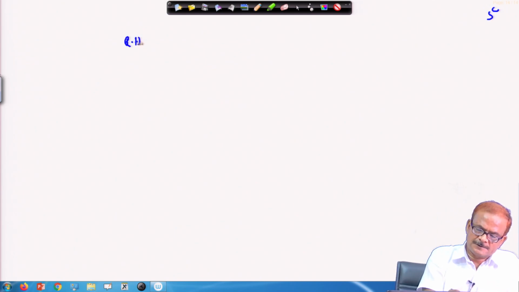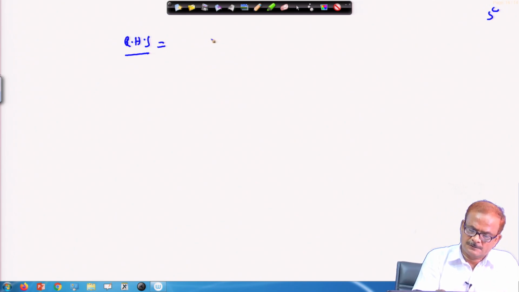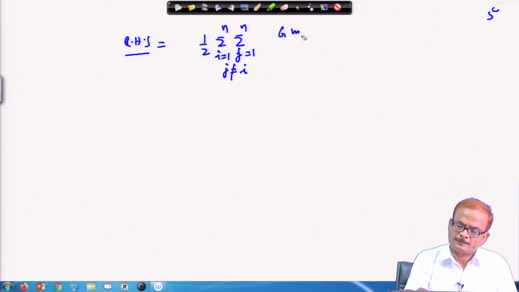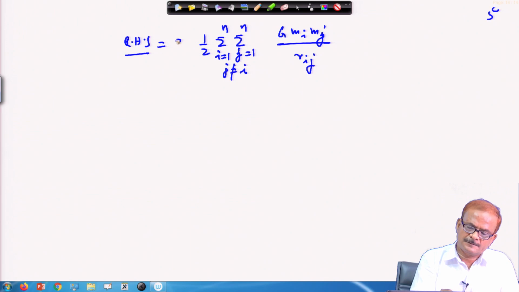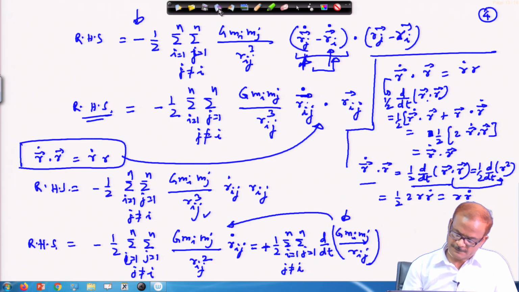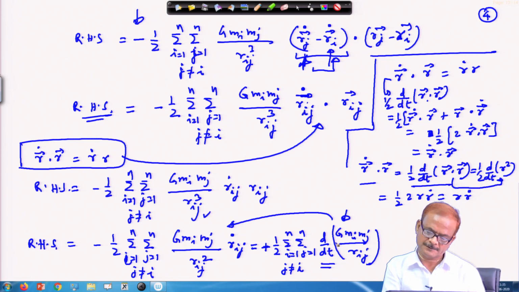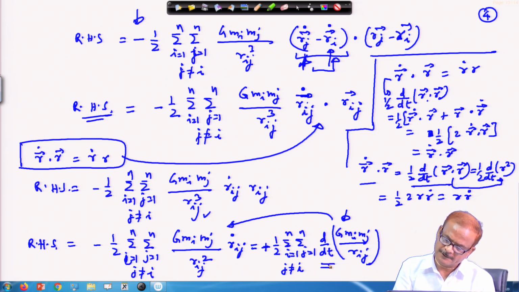The RHS then gets reduced to 1 by 2, summation j equal to 1 to n and i, j not equal to i, m i m j, and d by dt we can pull outside. Okay. This d by dt, because it is a differential operator, is basically a linear operator. So, we will be able to take it outside.